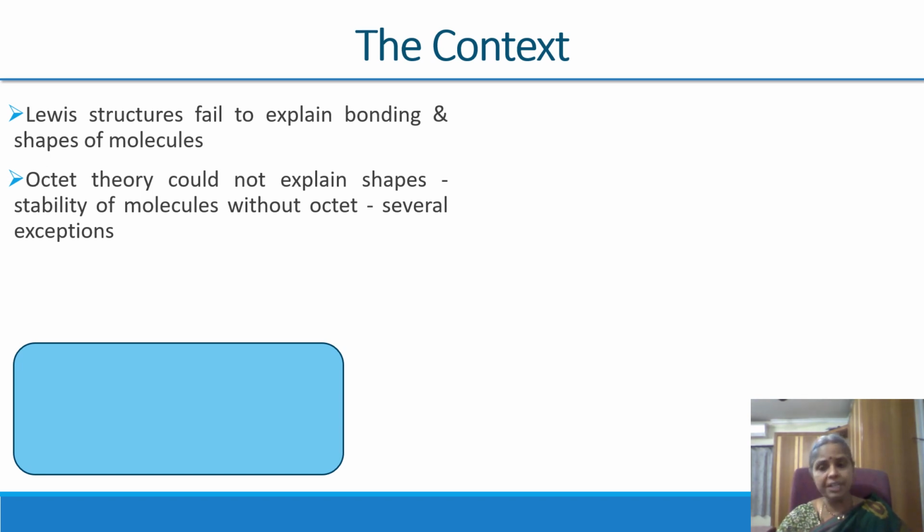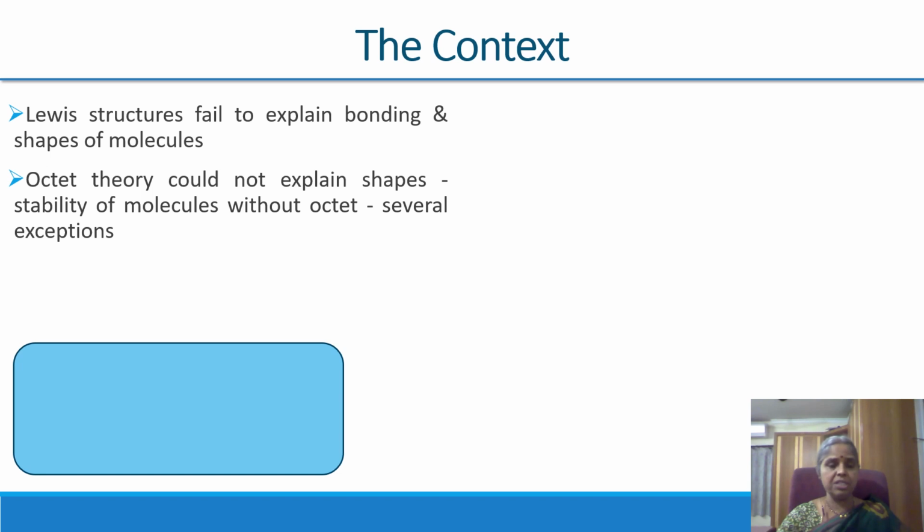Octet theory. Of course, the Lewis structures are written based on the guiding principle of octet number of electrons, but this theory also could not explain shapes and stabilities of molecules. Octet theory does not explain the shapes of molecules.